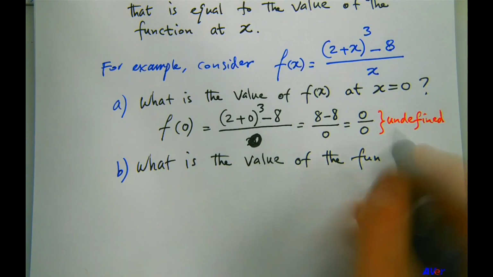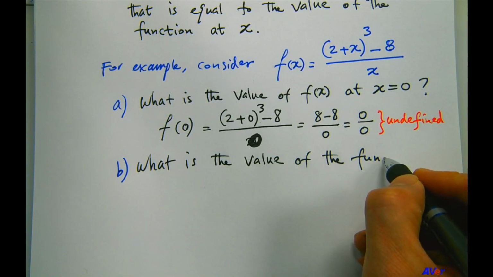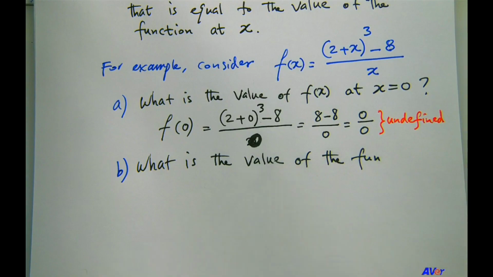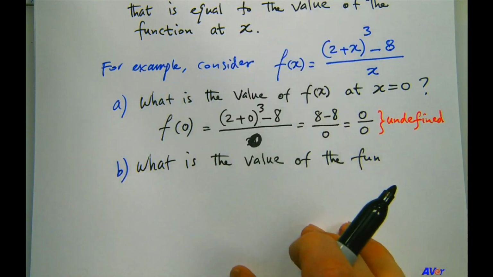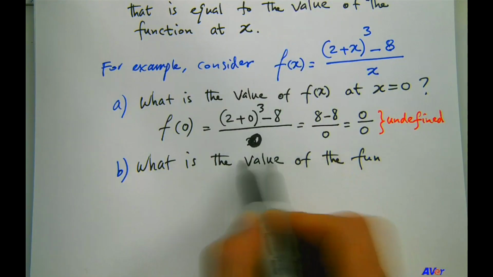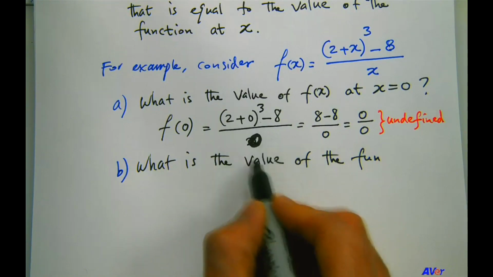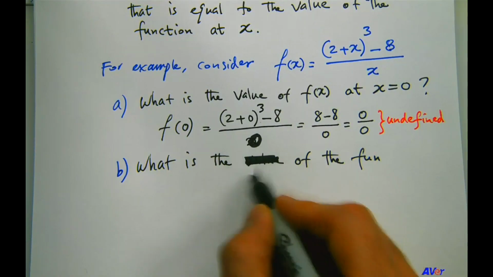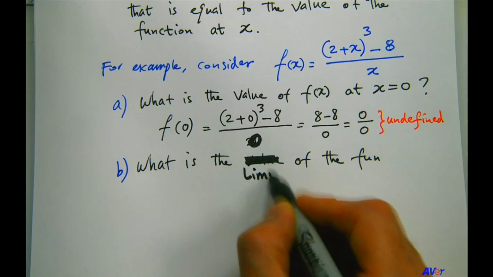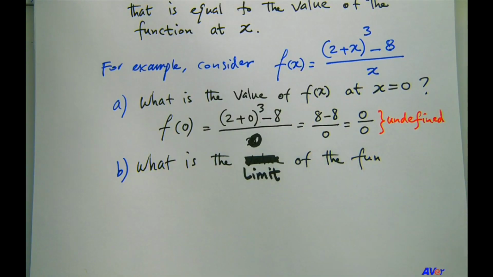So what is the value of the function? Or I should say, let me make the correction here, guys. Before I post these lecture notes on Canvas, I'm going to white this out and make it neater. But in the video, I want to ask, what is the limit of the function?